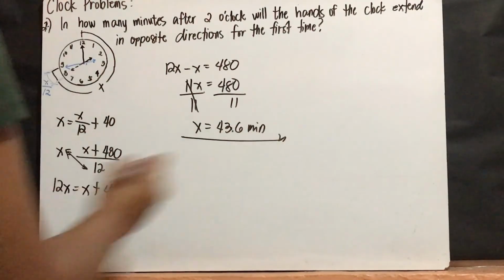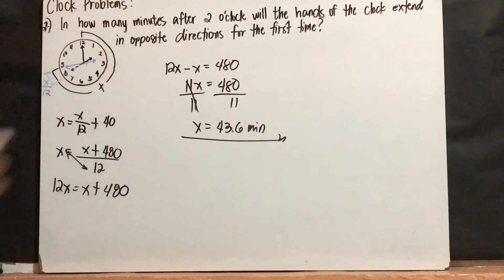So that will be our final answer, kasi in how many minutes naman yung tinatanong. So after 43.6 minutes, the hands of the clock will extend in opposite directions for the first time. So that is example number 2 for clock problems.